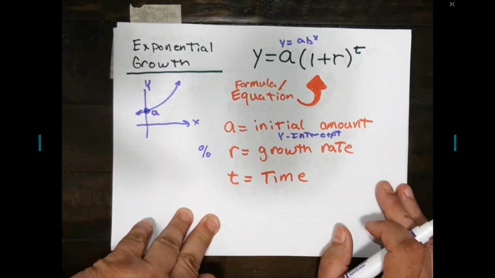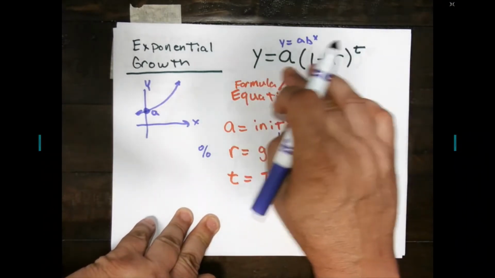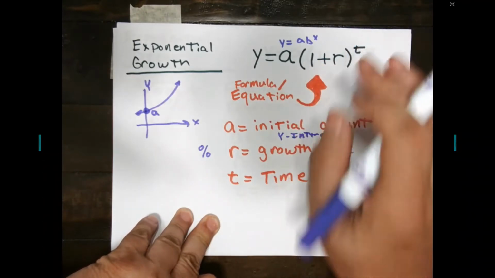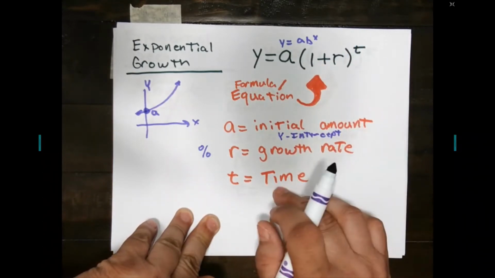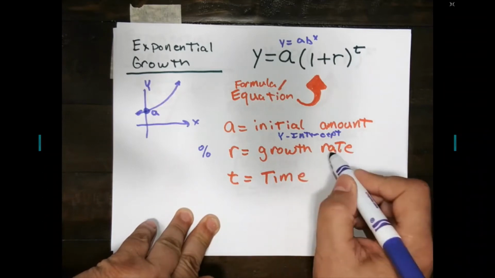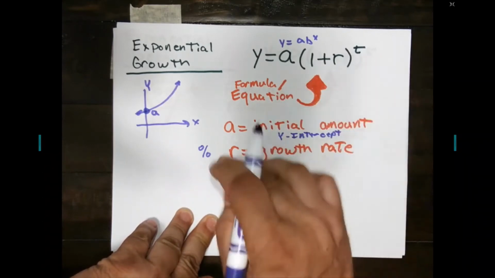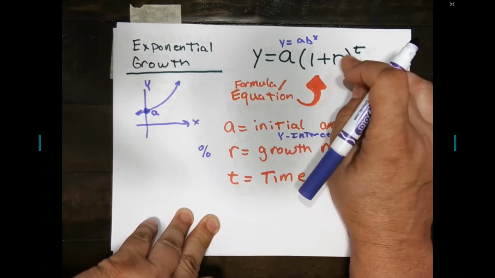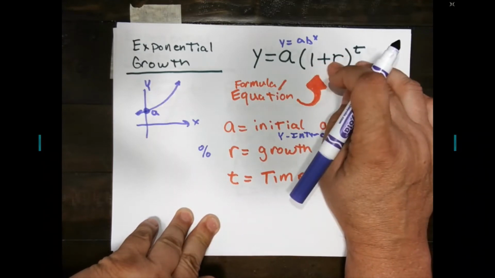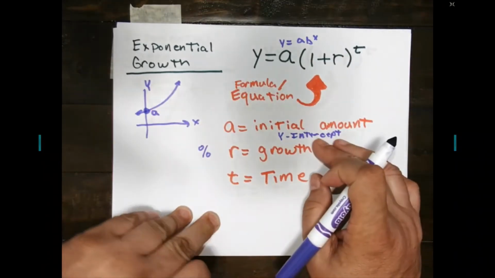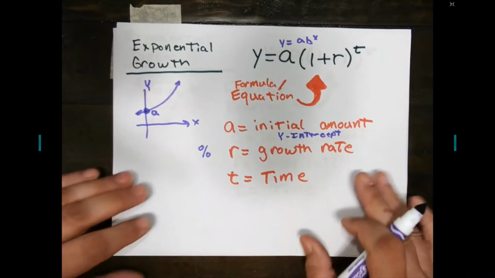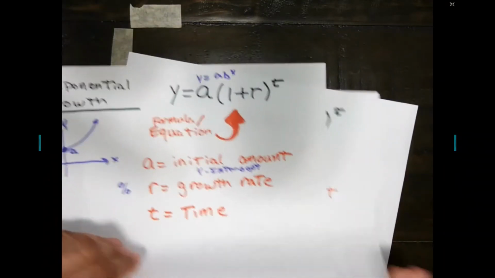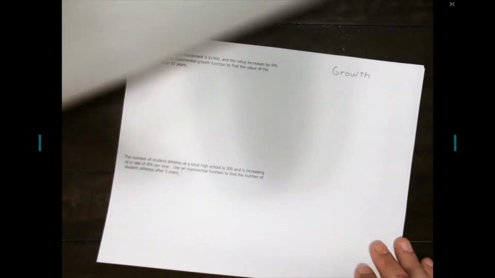Okay, so our function is y equals a times 1 plus r to the t, the time. We notice that the growth rate, or percent, has to be positive, and we have to add it to have an exponential growth. Okay, so let's work some examples, and you'll see really quick how this works. I'll come back to decay in just a minute.